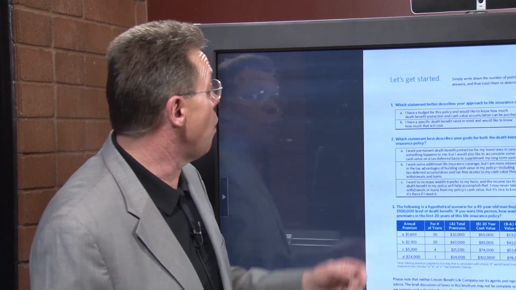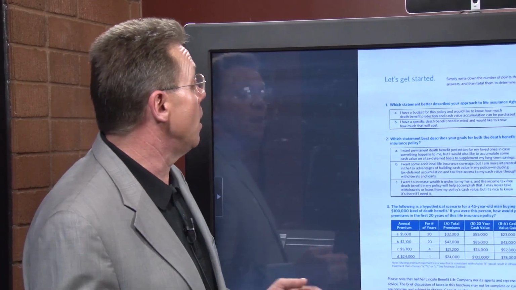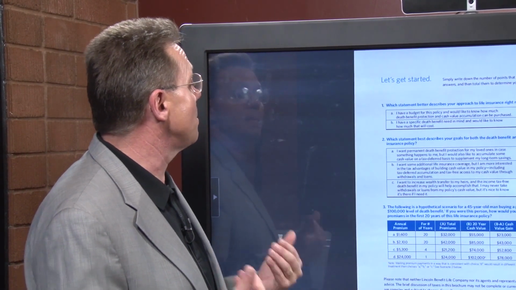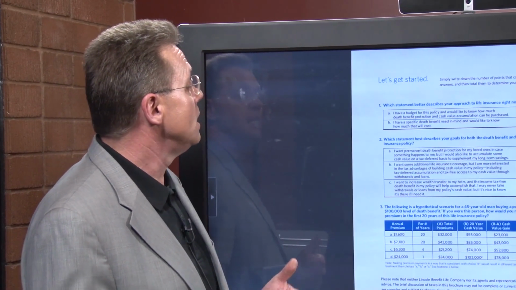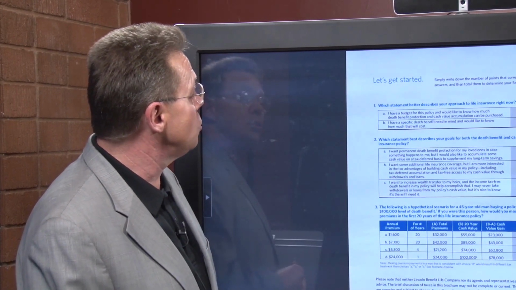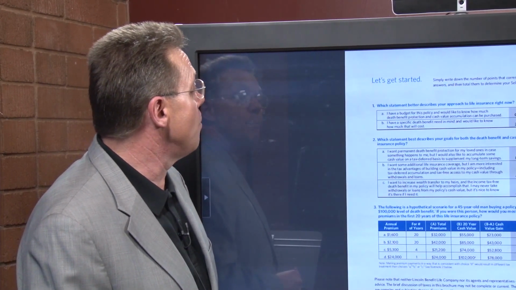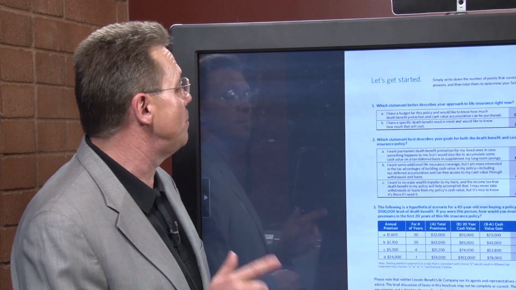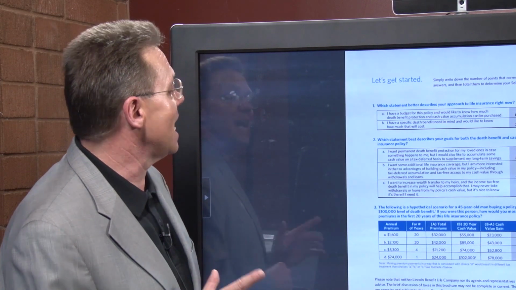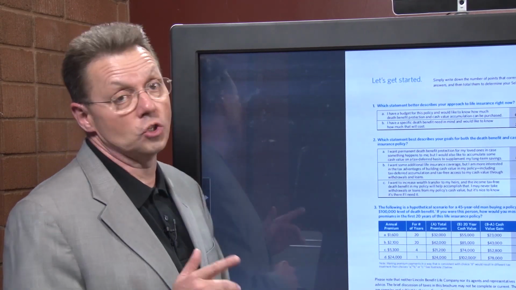First one says, I want death benefit protection for my loved ones in case something happens to me, but I would also like to accumulate some cash value on a tax-deferred basis to supplement my long-term savings. B would be, I want some additional life insurance coverage, but I am more interested in the tax advantages of building up cash value in my policy, including tax-deferred accumulation and tax-free access to my cash through withdrawals and loans.